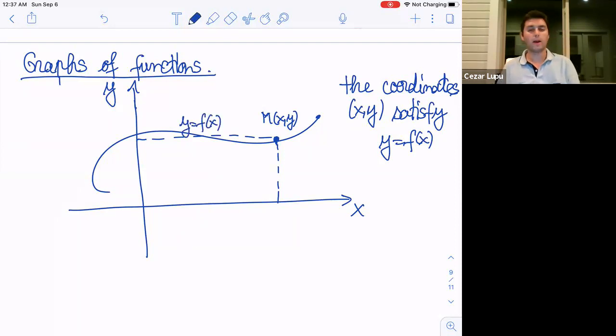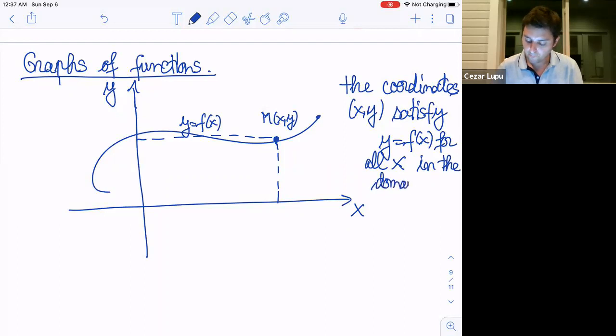And we have this point M on the graph of that, that satisfies y equals f of x for all values x in the domain where f is defined, the domain of definition of f.